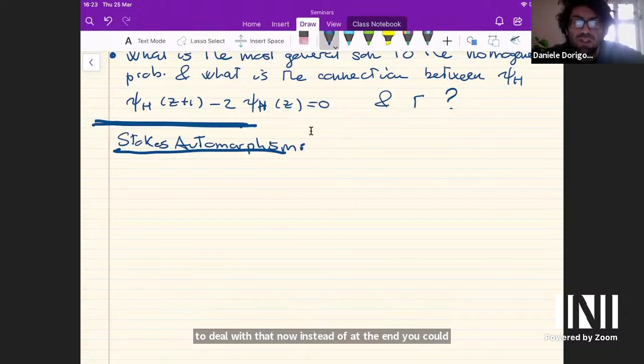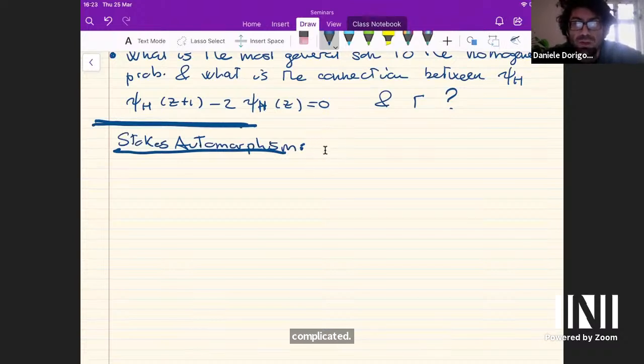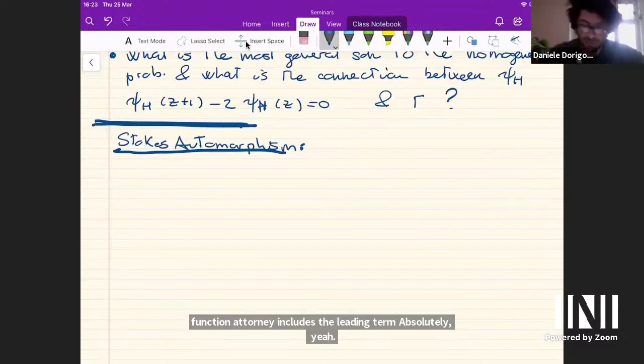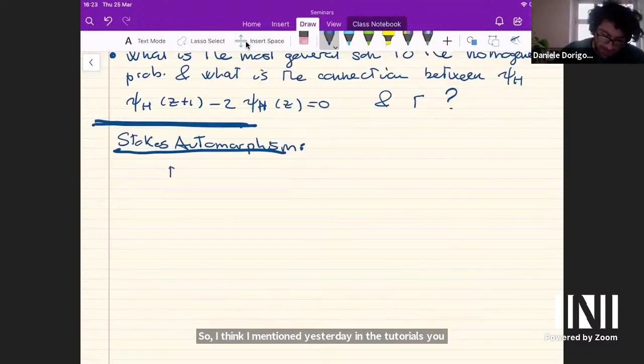Thank you, Andrea, absolutely. So doesn't the normalization make life unnecessarily complicated? Agreed, for a simple exponential function it is possible to normalize the Borel transform so that b of 1 is equal to 1, and then the minor has a function that really includes the leading term. Absolutely. I think I mentioned yesterday in the tutorials, you can of course do different definitions, right?